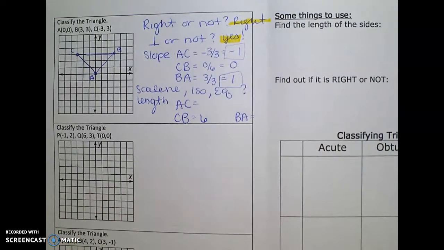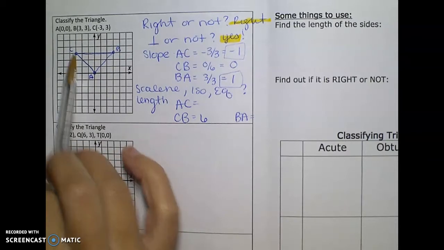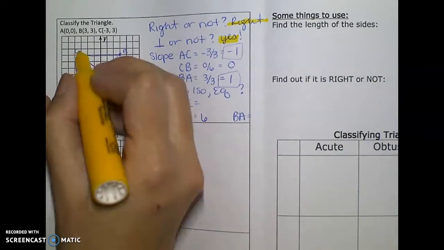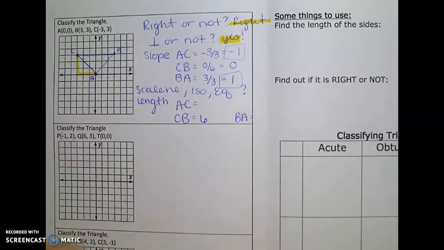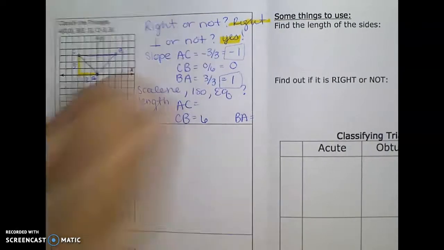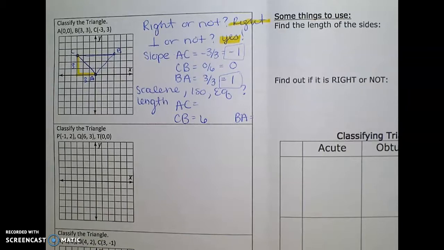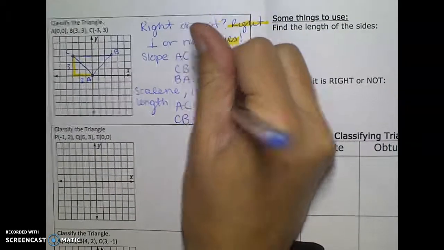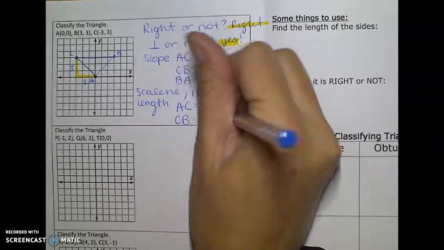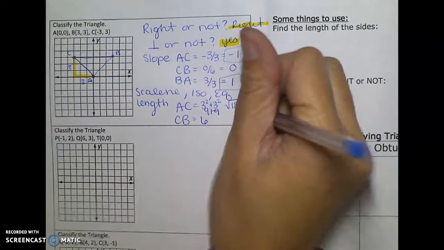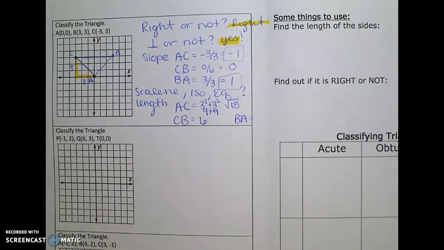The way that I found it when I was not horizontal was, if you remember, we used the slope triangle right there. So this was 3 and 3, and we did a Pythagorean theorem thing. So we did 3 squared plus 3 squared, which is 9 plus 9, and then we took the square root of that, so square root of 18, which I don't know, so I'm just going to leave it like that.